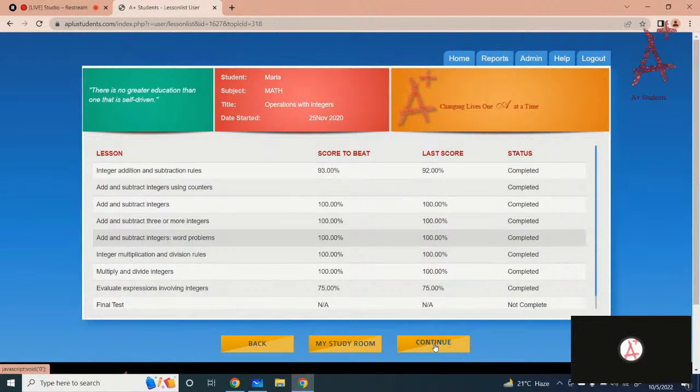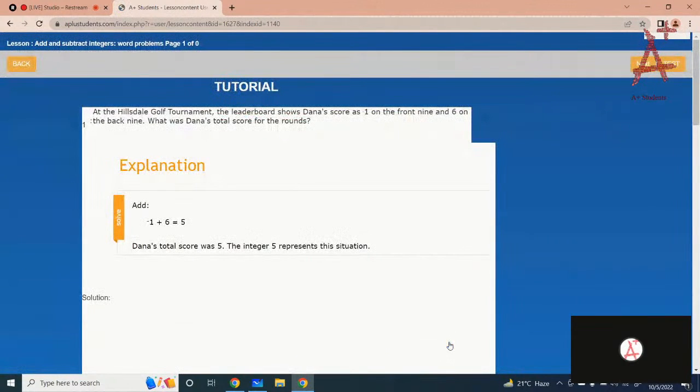Okay, let's start with add and subtract integers word problems. Just listen to me carefully. Let me read the question. At the Hillsdale Golf Tournament, the leaderboard shows Dana's score as negative 1 on the front 9 and 6 on the back 9.